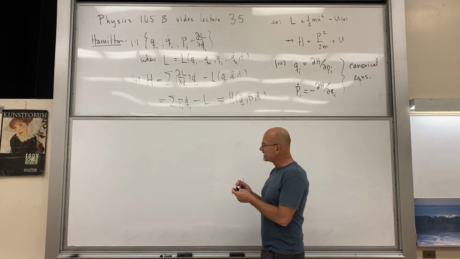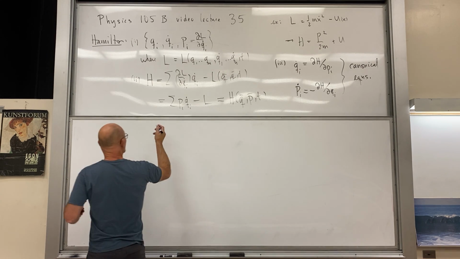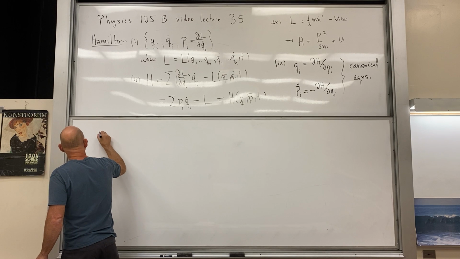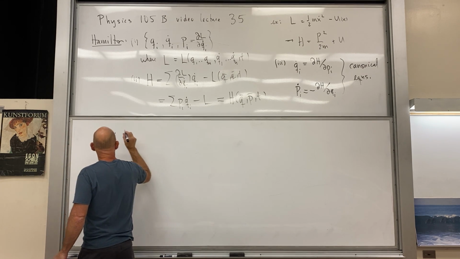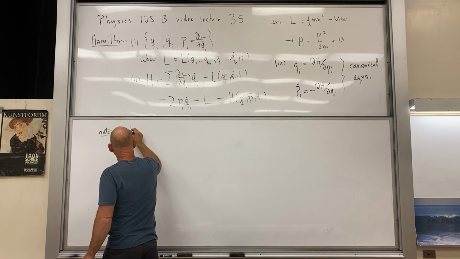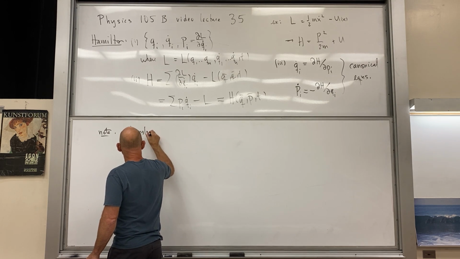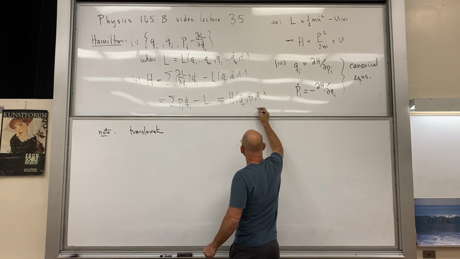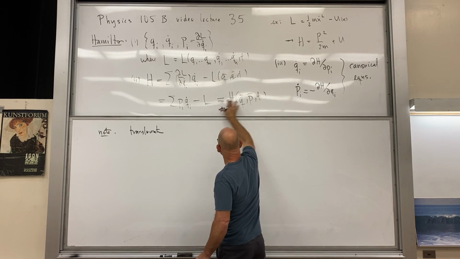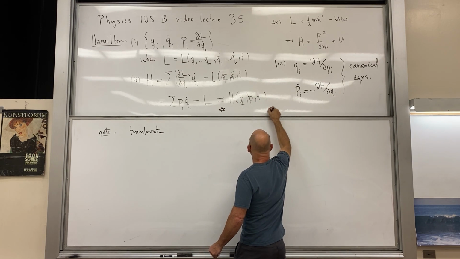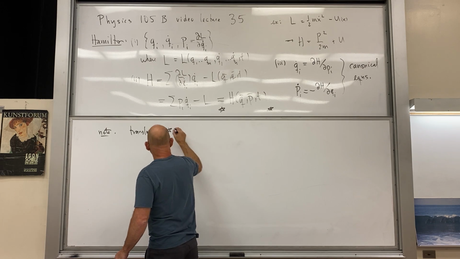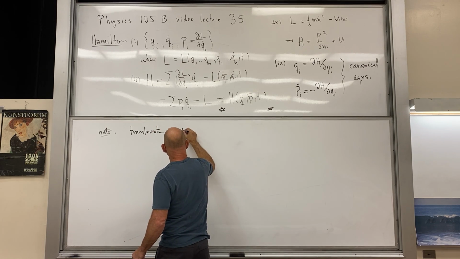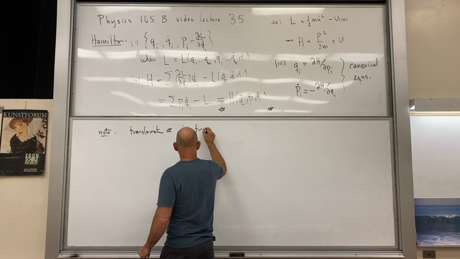So maybe I should write that down, and then you guys can work on it a little more if you're interested. So the transformation, which I'm going to call star, this is that transformation right here. It is essentially trivial.